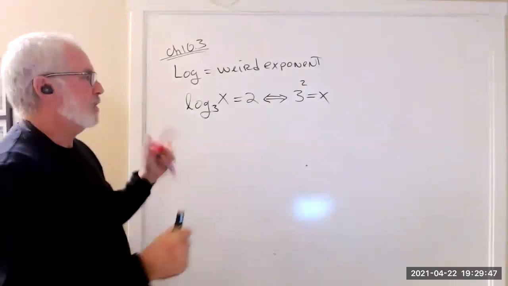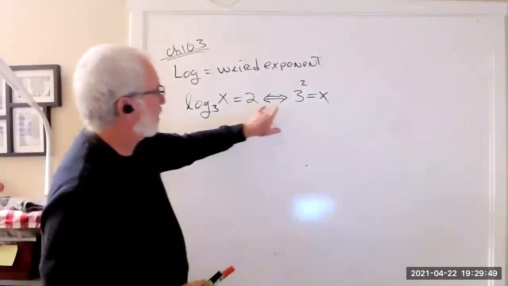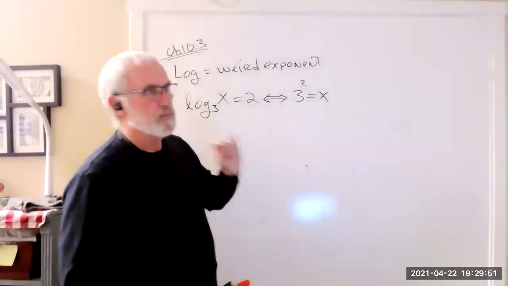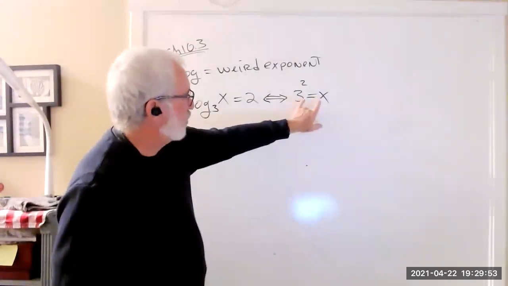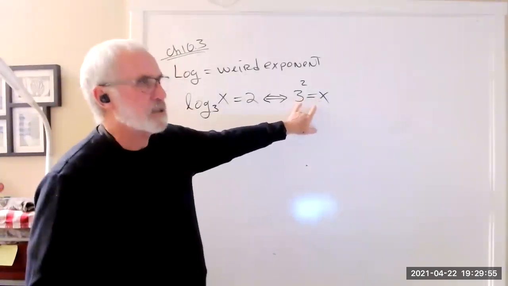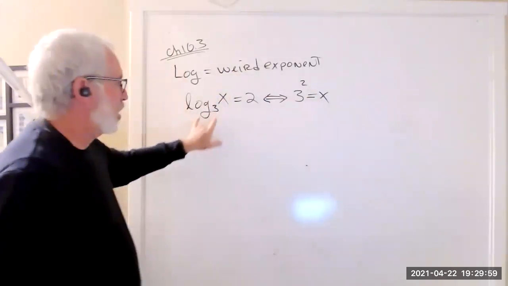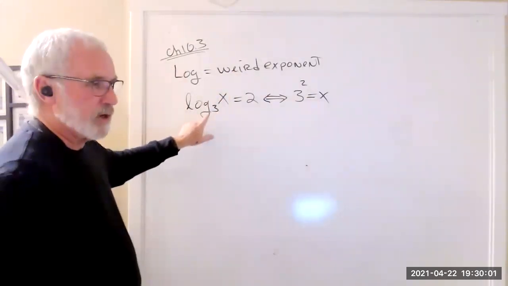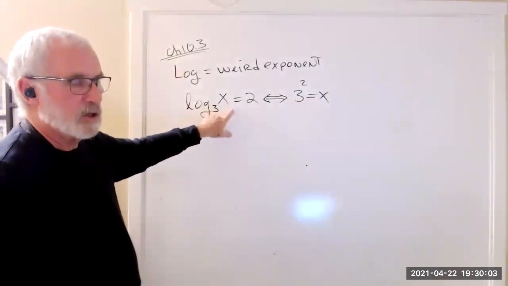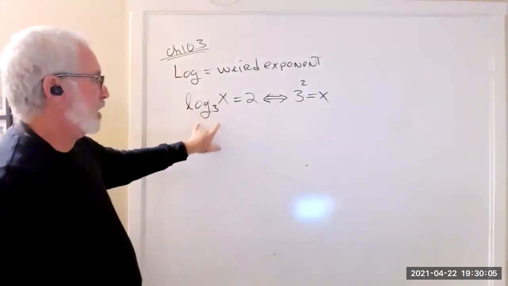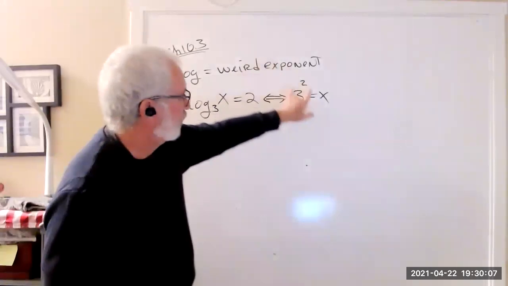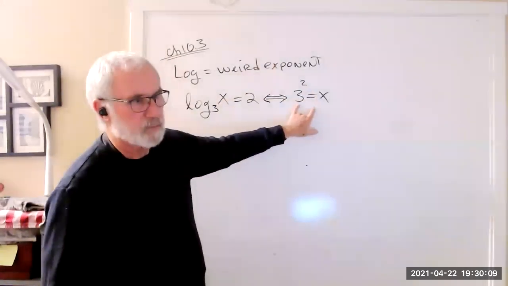So the double arrowhead implies that if you have this exponential equation, you can change it into a logarithmic equation as long as you put everybody in the right place. And they're the same. Or this logarithmic equation is the same as this exponential.